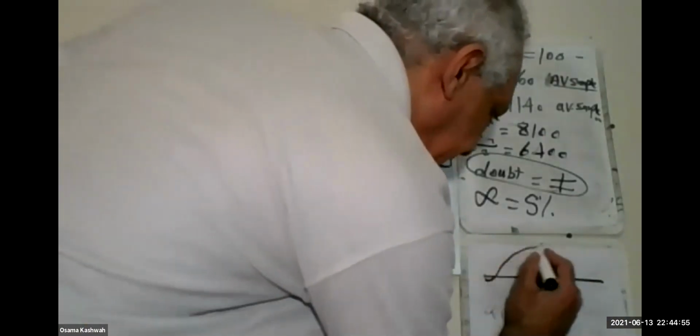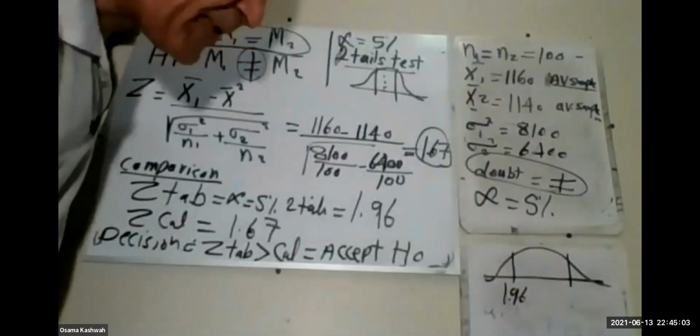Let us draw the curve here again, the normal distribution curve. We will say that you accept H0 until 1.96, this is a two-tailed test. This is positive and this is negative. You accept up to 1.96.